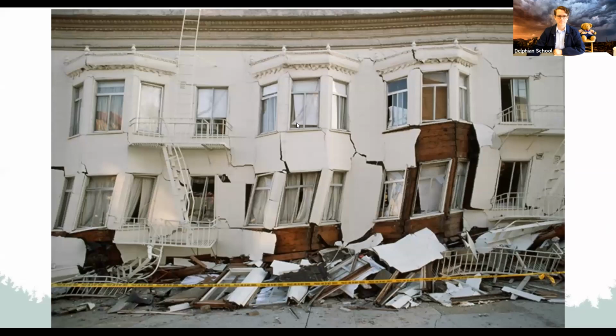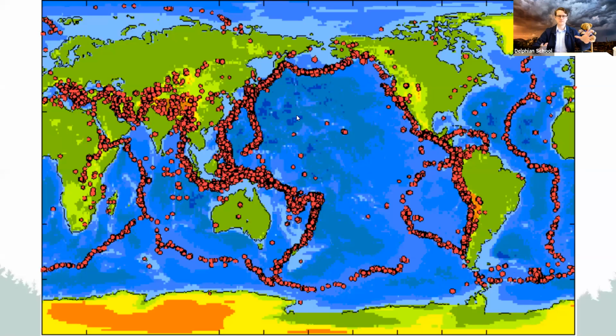Okay. Now, where do earthquakes happen? This is a map of the world, and each red dot represents an earthquake that happened over, I forget what period of time is covered. This might have been looking at earthquakes for a period of 2 years. And most earthquakes you will never know about.